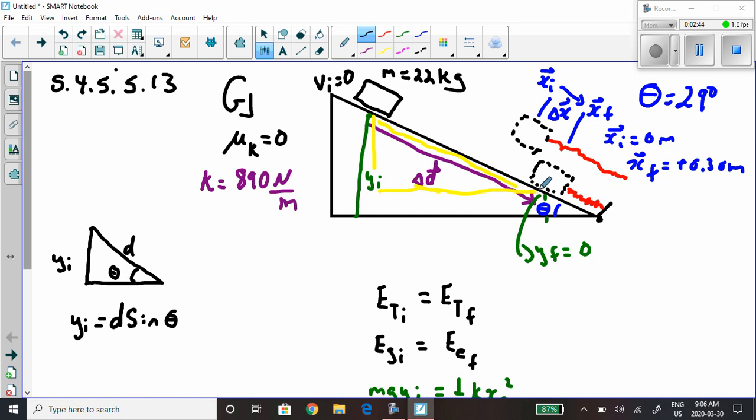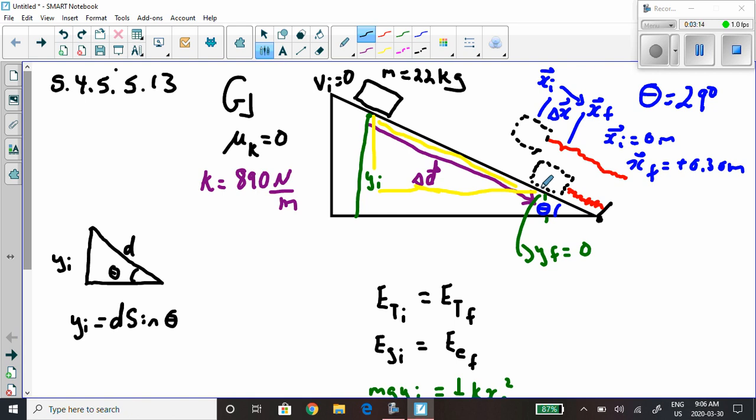Let's call that y final equals 0. So let's make our height equal 0 here. This goes back to stuff we learned in grade 11, where we get to pick our common reference point, or where our height is 0. To make the math easier later, when I use the law of conservation of energy, I'm going to pick y is 0 right there, and I'm going to use this triangle for my solution.